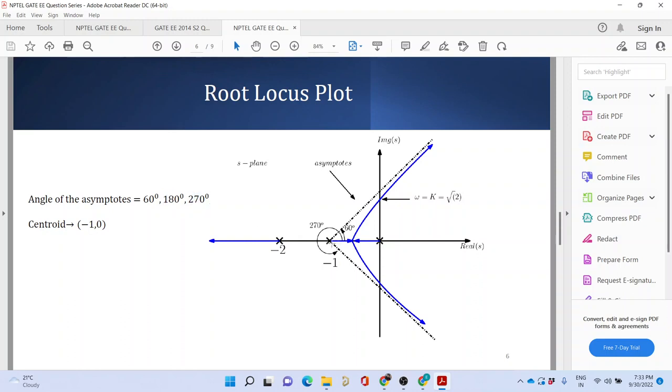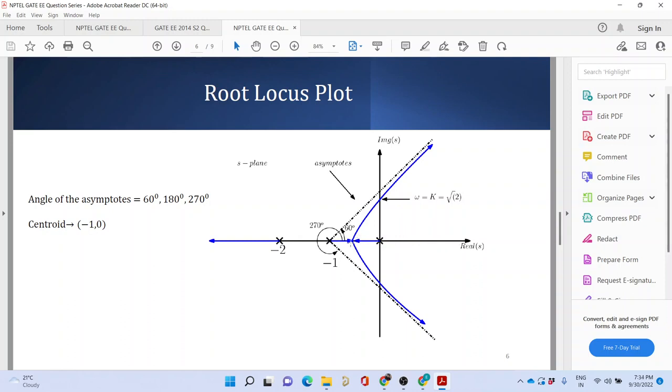So there are 3 asymptotes: one lying along this dotted line, another lying along the real part of s axis, the x-axis that we call, and the other along this line, subtending around 270 degrees from the real of s axis.